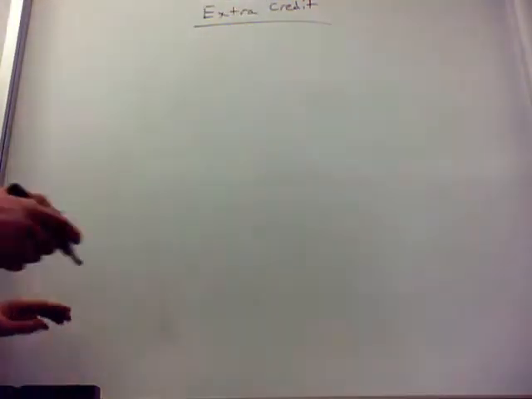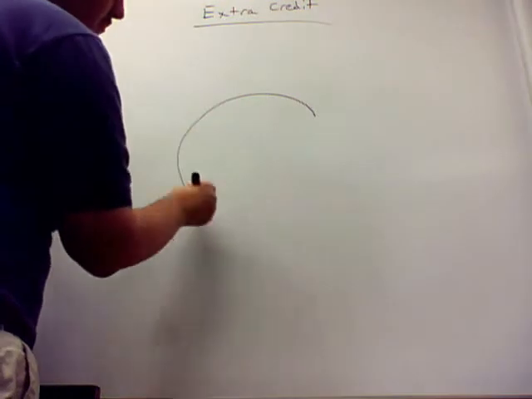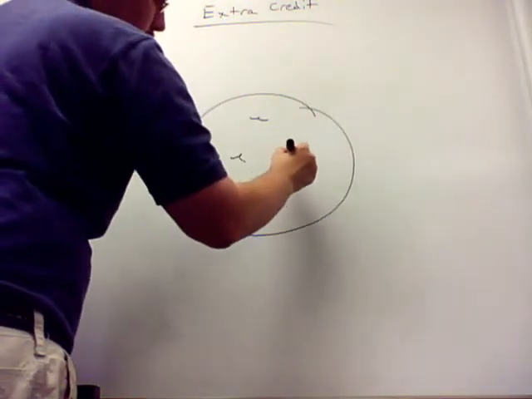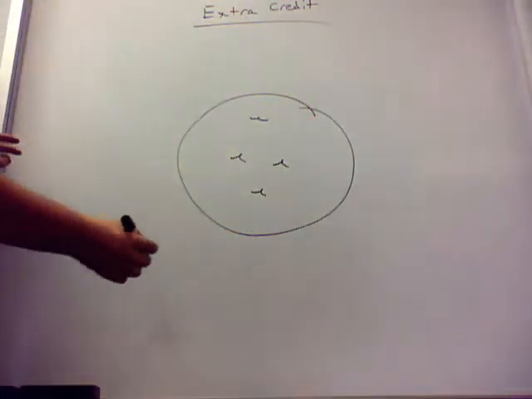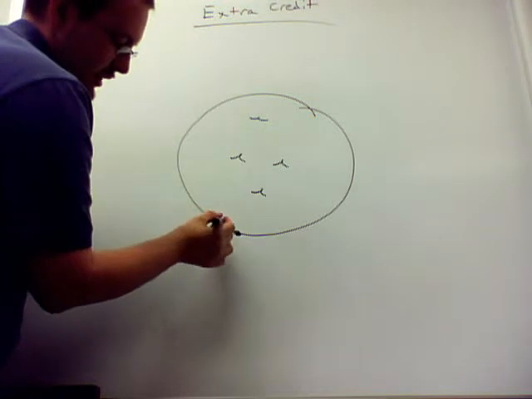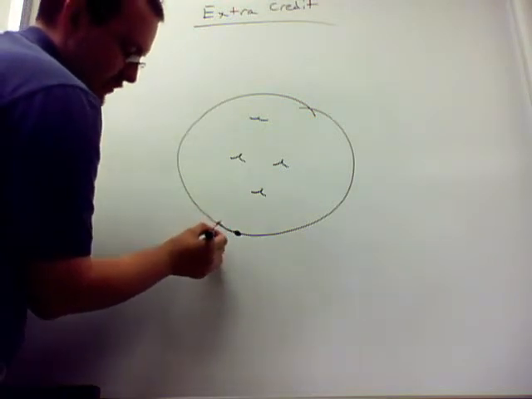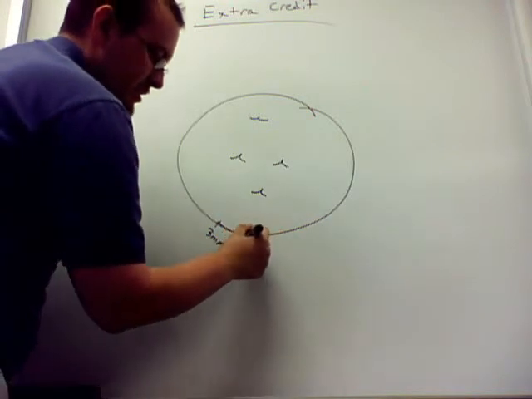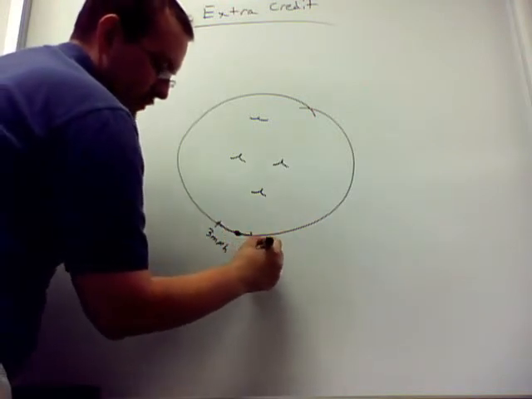So, we draw a circle. This is our pond. And this is their start point. Now Jordan's going at 3 miles per hour. And Sydney's going at 2 miles per hour.